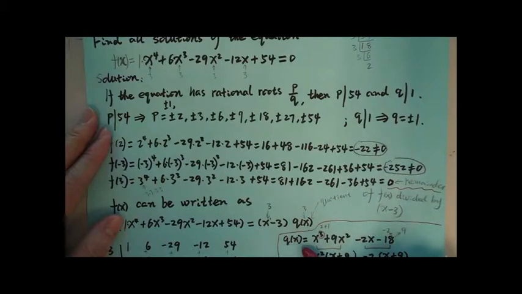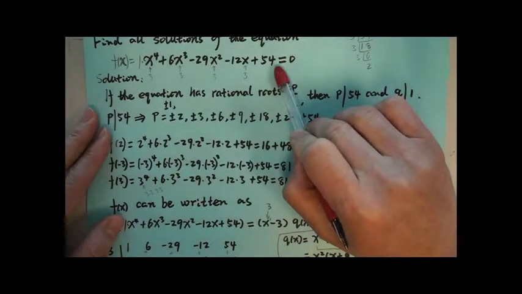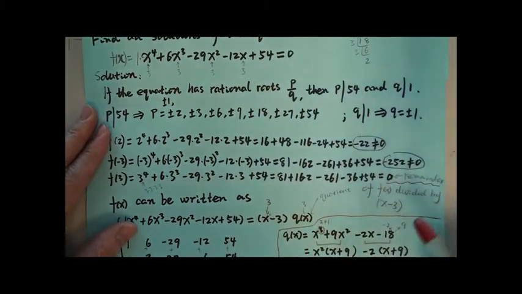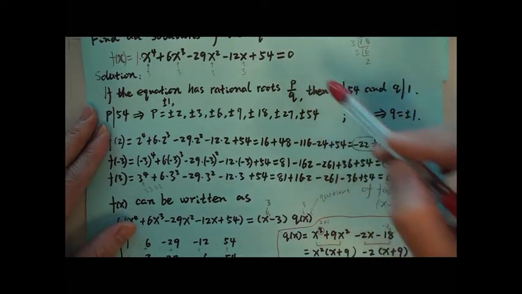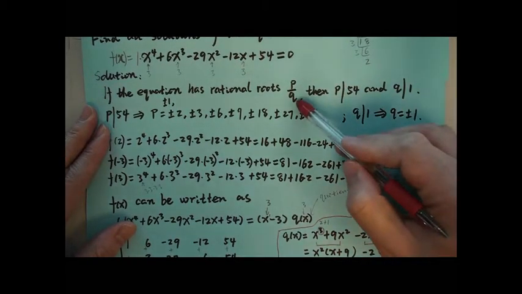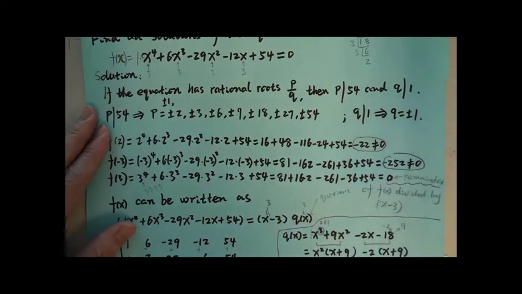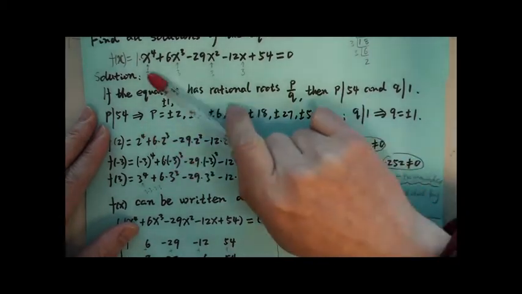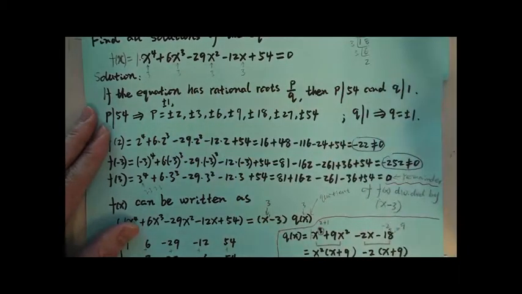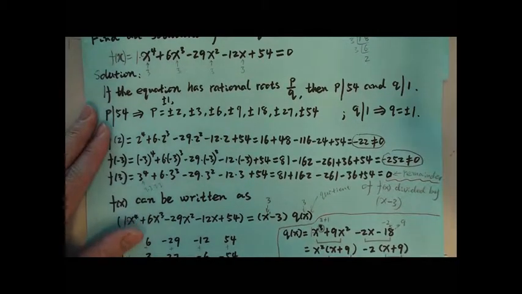You treat q of x as f of x. Then if it has a rational root, p divides 18 and q divides 1. So you can treat q of x as the f of x we did before. I don't want to go through that. I'll leave you to do it.